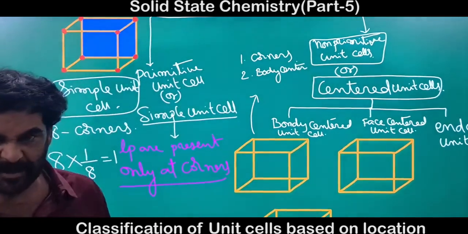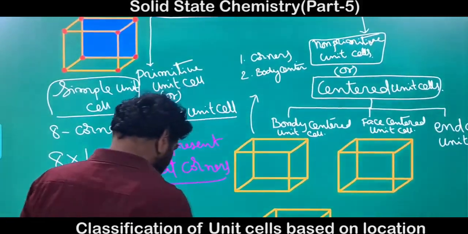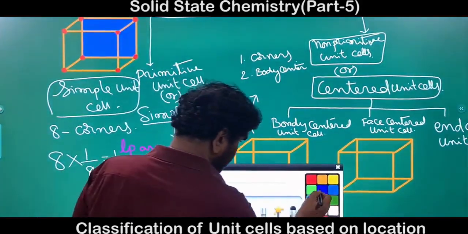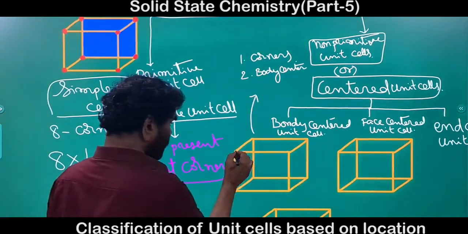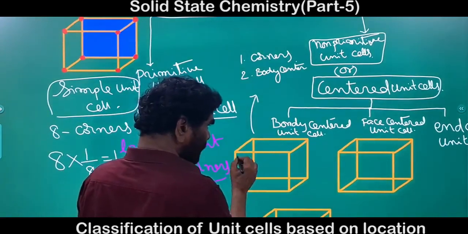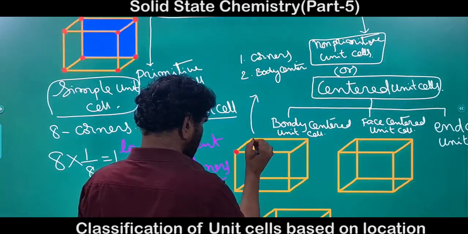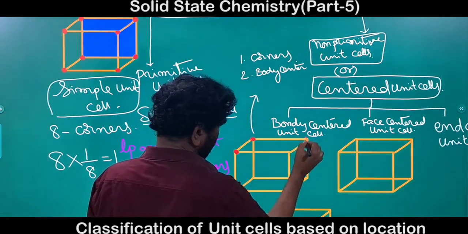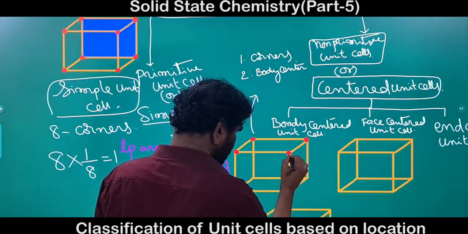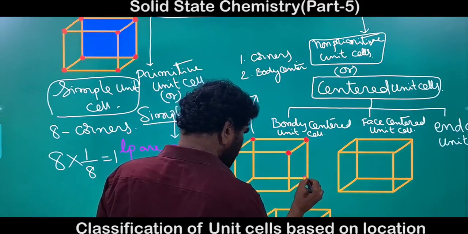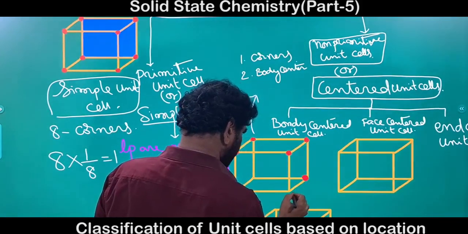Each unit cell has only one body center. I am writing the body centered unit cell. Same thing, corners, no exception. In all the cases, lattice points should be present at the corners.